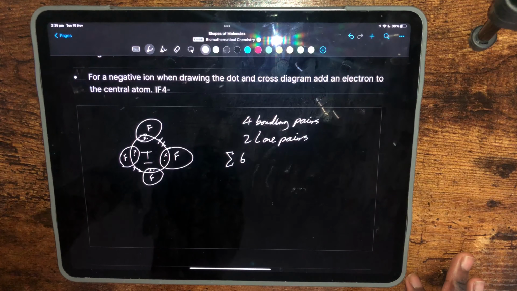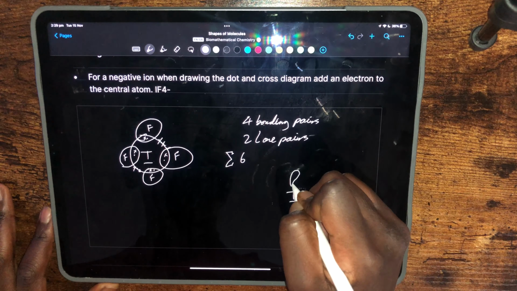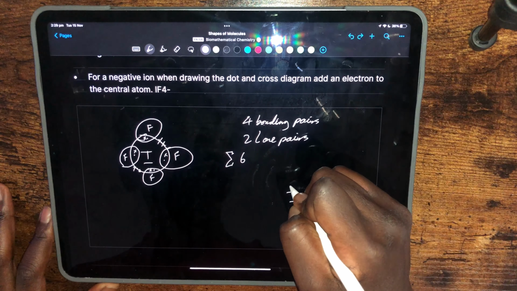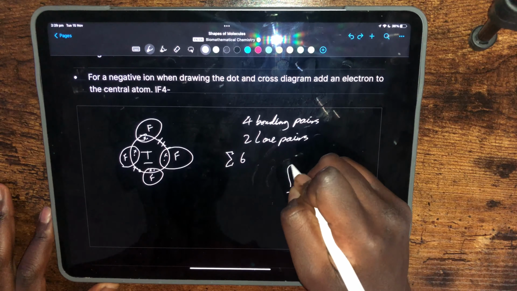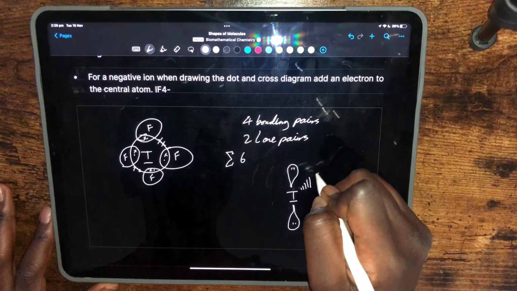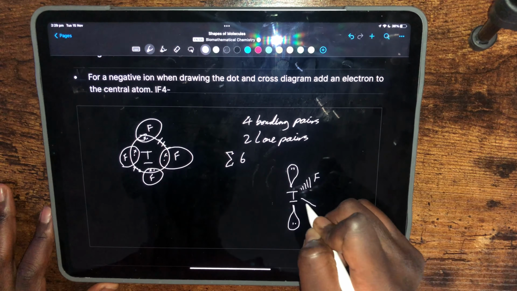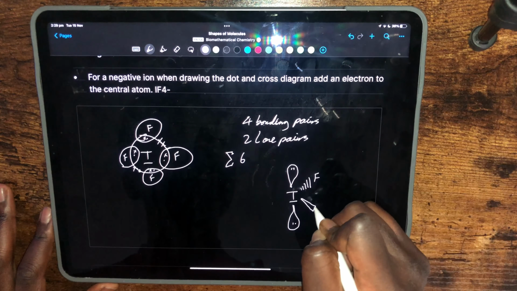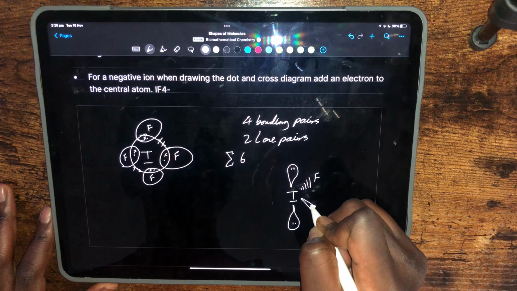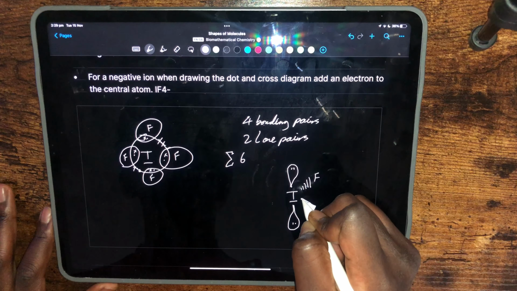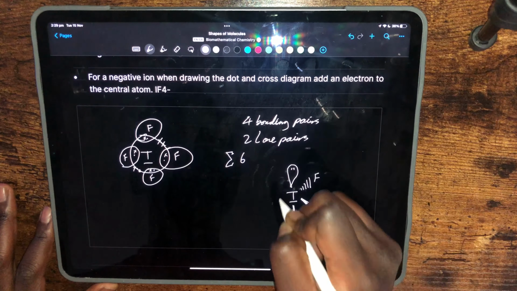I here, the lone pair, a lone pair above, a lone pair below, fluorine here.